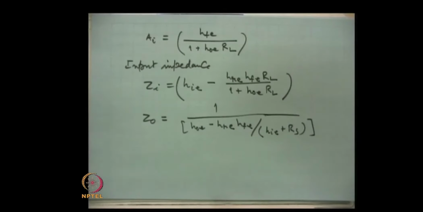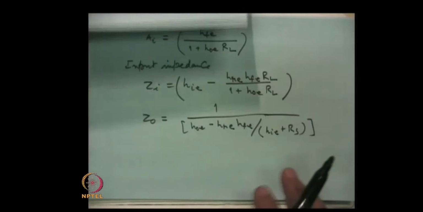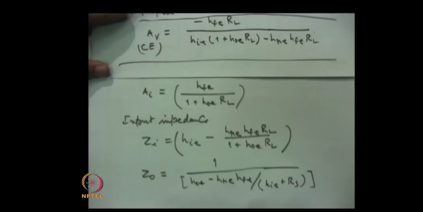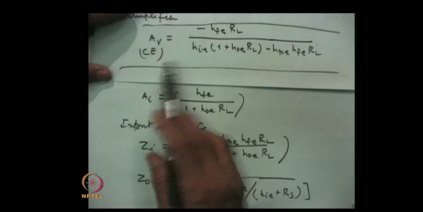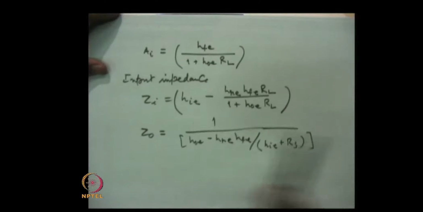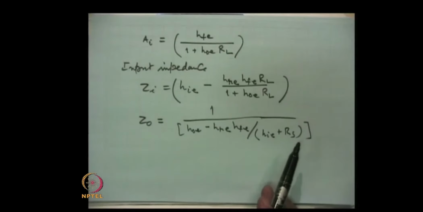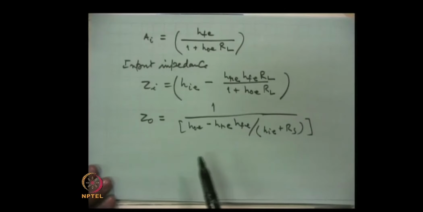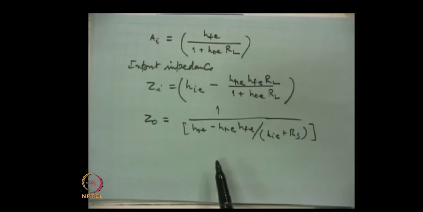These are the 4 expressions for the common emitter circuit: the voltage gain, the current gain, the input impedance and the output impedance. I said that these are the exact expressions and we can use them, but they can be simplified also.